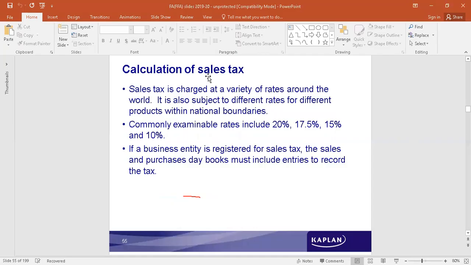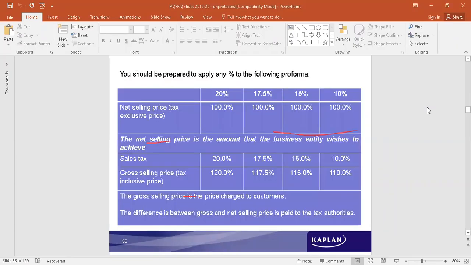How to calculate that? Sales tax is charged at a variety of rates. Usually, these are the most commonly used rates. How is the price decided? If a business entity is registered for sales tax, the sales and purchase day book must include entries to record these transactions. Let's say the rate is 20%.